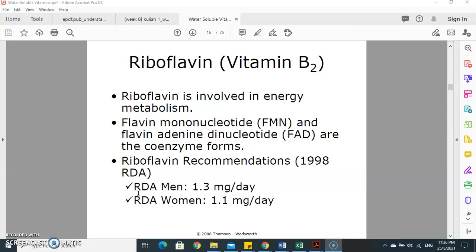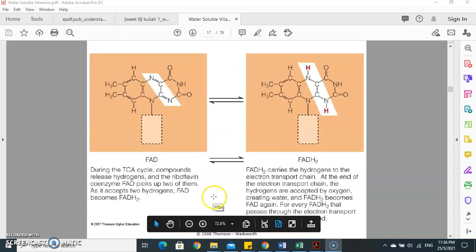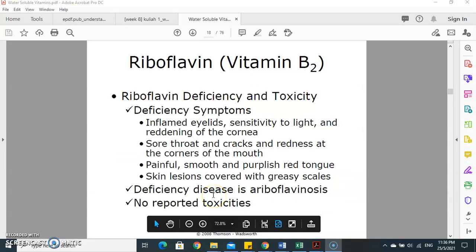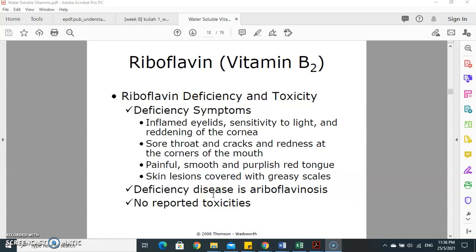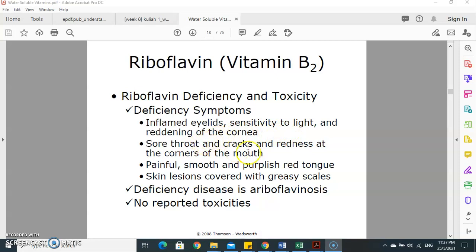So riboflavin pun involved in energy metabolism. So the requirement is sama juga lebih kurang macam thiamine tadi. So these are deficiency symptoms if you happen to have deficiency in riboflavin: inflamed eyelid, sensitivity to light, reddening of the cornea, and then sore throats, cracks and redness at the corners of the mouth, and lebih kurang macam scurvy juga lebih sikit, and then a painful, smooth and purplish red tongue.